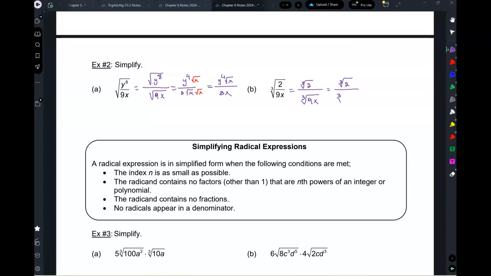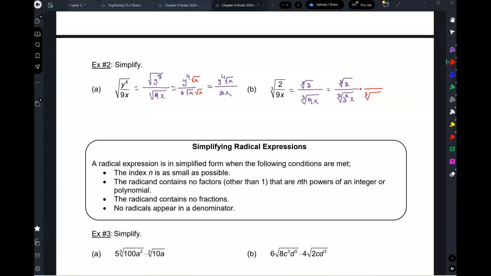Here, let's see what we have. 9 is really 3 squared, and I have x. Nothing comes out, but I still need to rationalize this. So I need to multiply this by cube root of some stuff.